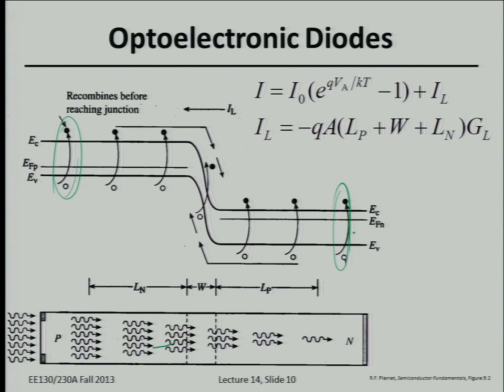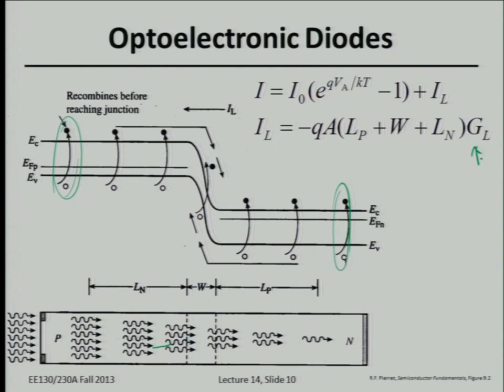So that's just illustrating that really it's only the carriers, the electron-hole pairs generated within one diffusion length of the depletion region, that will survive long enough to reach the depletion region and get swept across. And we're talking about minority carriers being generated here. Okay, so let's assume that there's a certain rate at which the electron-hole pairs are being generated.